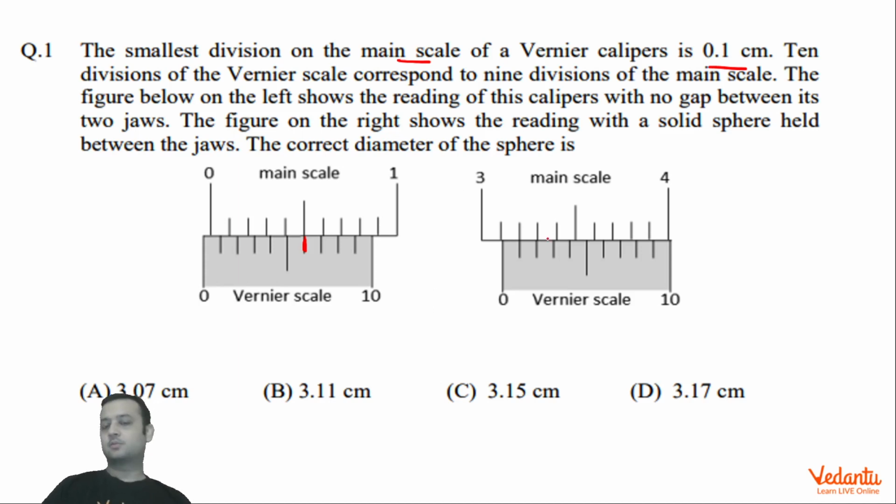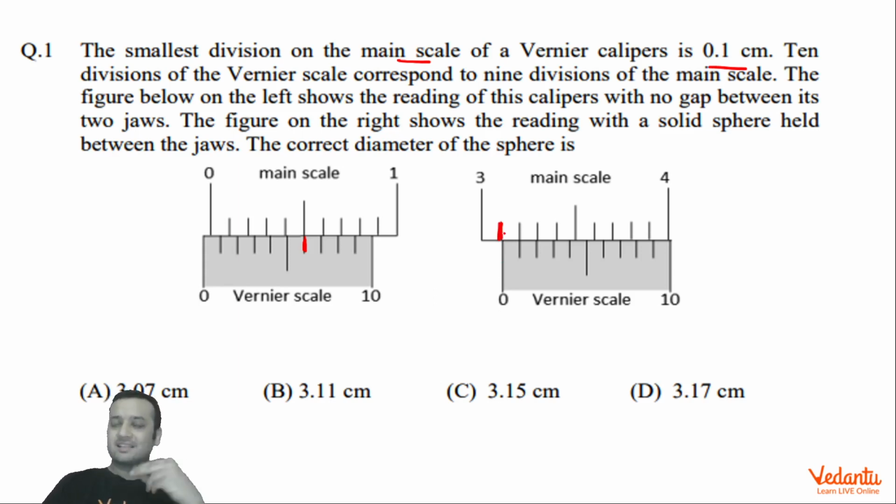Now if you go back to the reading, between 0 to 1 you can see there are 10 divisions on the main scale, right? So this is the 31st mark because between 0 to 3 on the main scale there would have been 30 divisions, okay, and this is the 31st division. So the zero of the vernier scale is lying just ahead of the 31st division of the main scale.